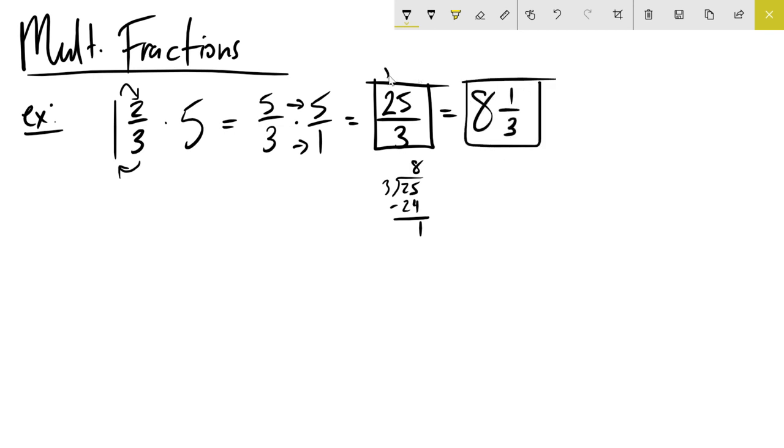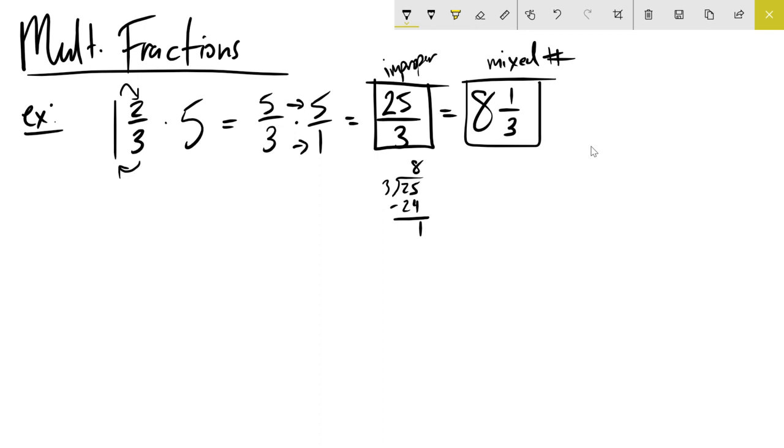Either one of those answers would be correct, depending on the quiz or the application. If I was just looking for the answer from a person in a math class, I'd be perfectly happy with the improper answer. But that's a really weird way to explain 8 and 1/3 to most people. You never order 25/3 of a yard of fabric at the fabric store, right? You're going to order 8 1/3.